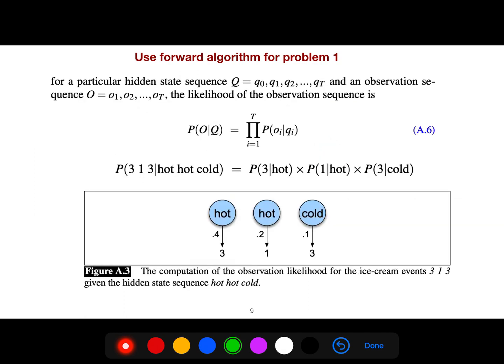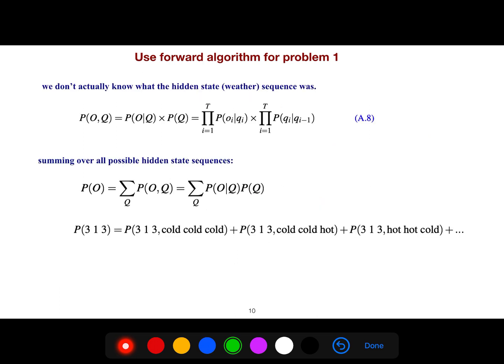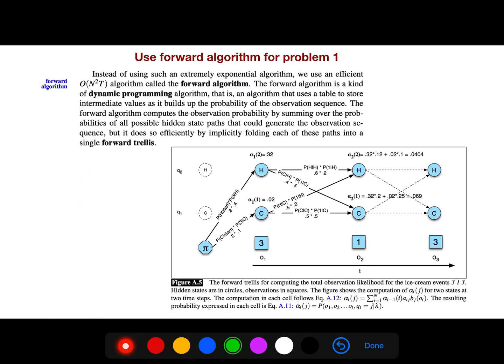So we just multiply them, the probability of observation 1 given Q1, and we multiply them. But it is hard to compute, because we don't actually know what the hidden state was. So we can sum over, marginalize that. Instead of using such an extremely exponential algorithm, just like in computer science, we don't like brute force. It takes time, it is computationally expensive.